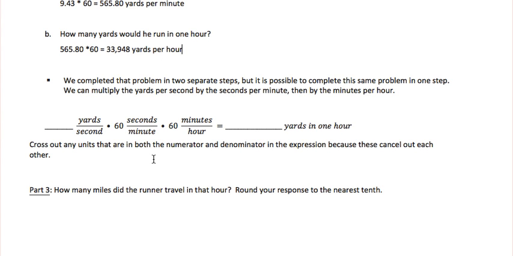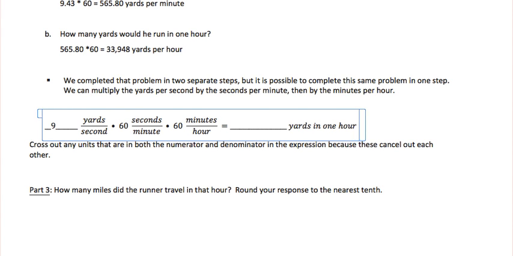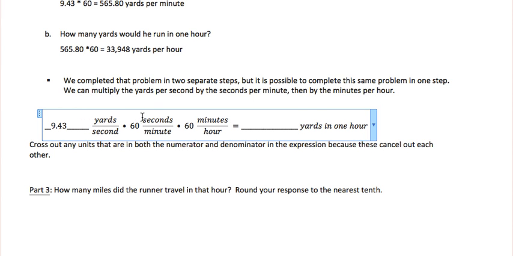There is a suggestion that we could complete the same problem in one step. We can multiply the yards per second by the seconds per minute, and then by the minutes per hour. This is very convenient to do with the calculator. By crossing out the units that are in both the numerator and the denominator, we can actually find out what the units are at the end.